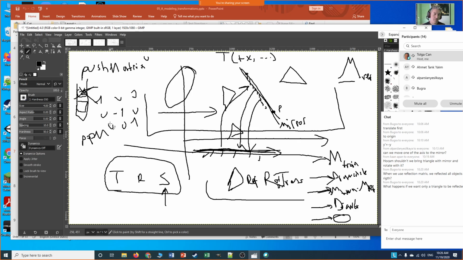There is no global state anymore. And in programmable shaders, you send those matrices to the GPU as uniform variables, and in the GPU you multiply your vertices. You do the multiplication yourself.